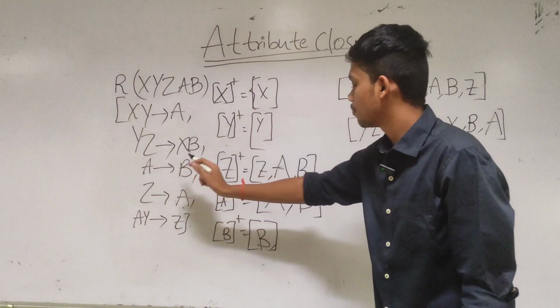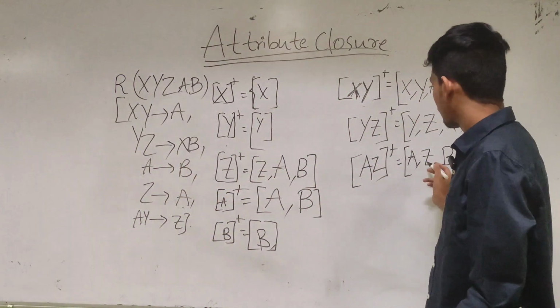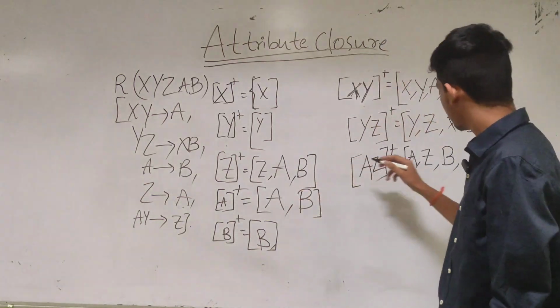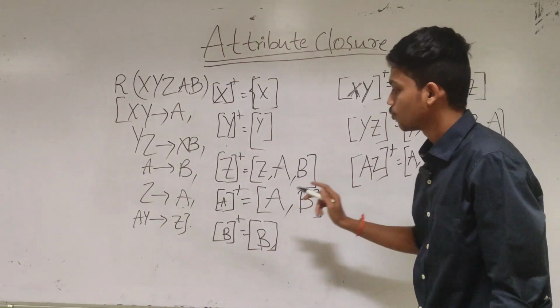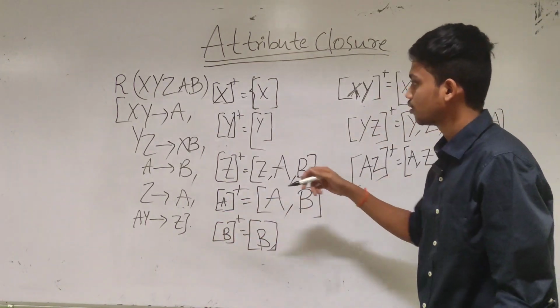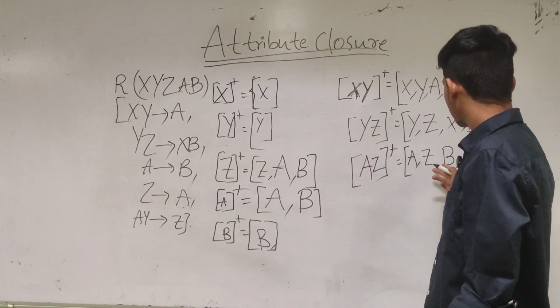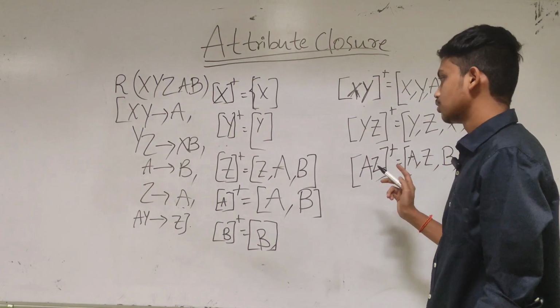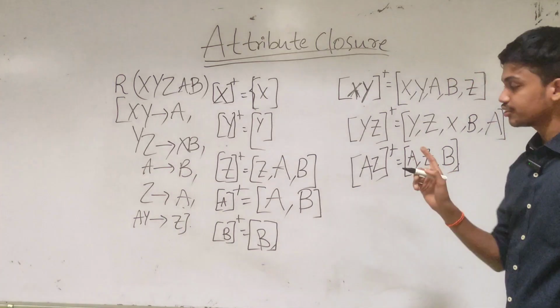With A we can derive B, so B should be there here. With Z we can derive something else? With Z we can derive A, that's a cyclic thing, not required. Now AY can derive Z, not required. XY can derive A, but X, Y are not there. So I think it is closed up till now. That closure is like this.